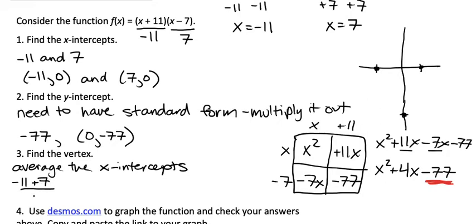Remember, to find the average of numbers, you add them and divide by how many numbers you have. In this case, I have two numbers, negative 11 and 7, so I'm dividing by 2. If you're finding the average of your x-intercepts for a quadratic function, there would be 2, and so you would be finding the average of two numbers. So negative 2 is what I got. Now what this is telling me is the x-coordinate of the vertex.